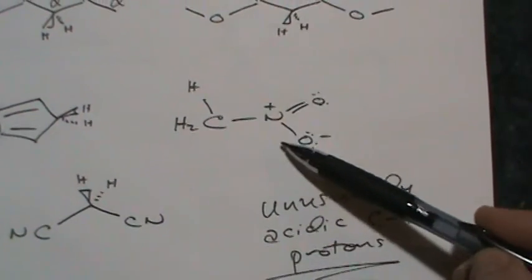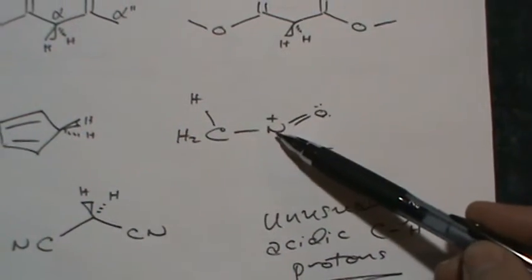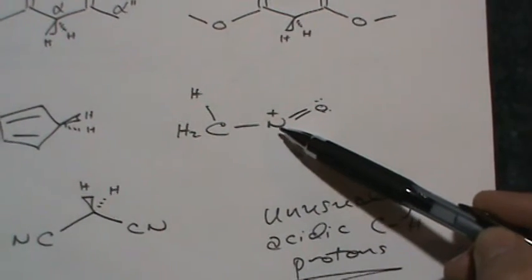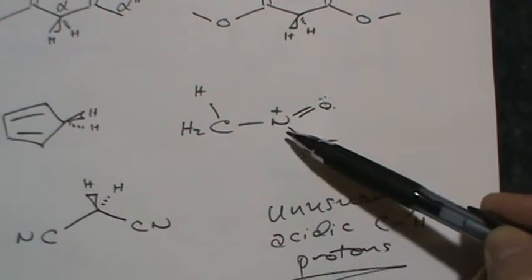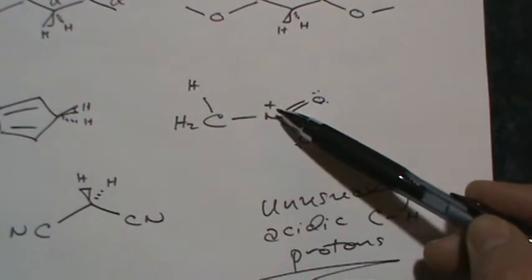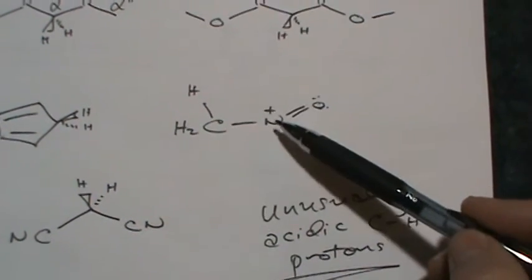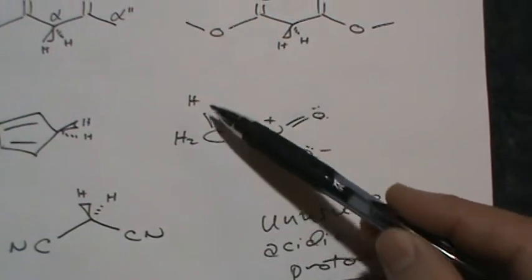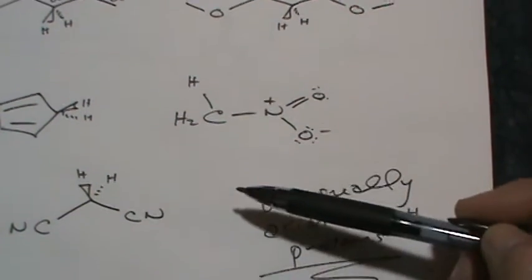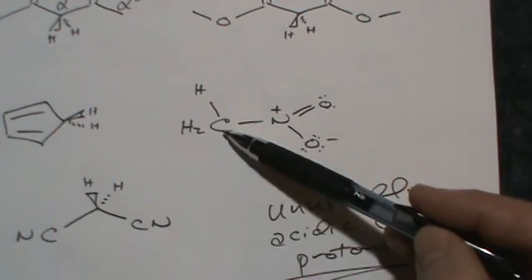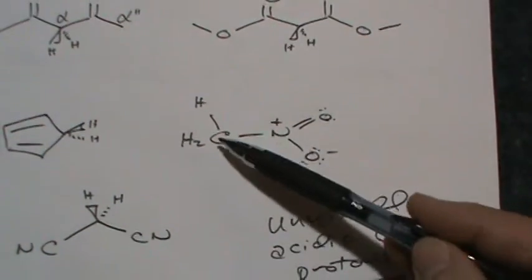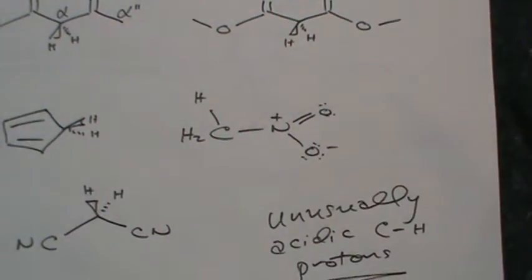That's because they're adjacent to this nitro group, and the nitro group has this positively charged nitrogen atom. This is a bit like being adjacent to a positively charged carbocation. We know that if we had a carbocation, the protons at the alpha carbon would be unusually acidic, and here the protons at the carbon alpha to the nitro group are also unusually acidic.